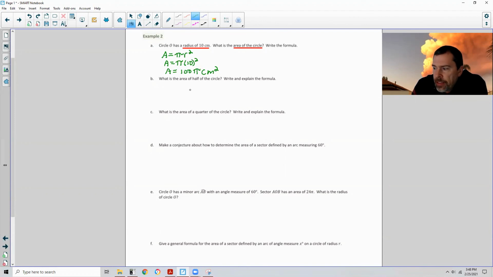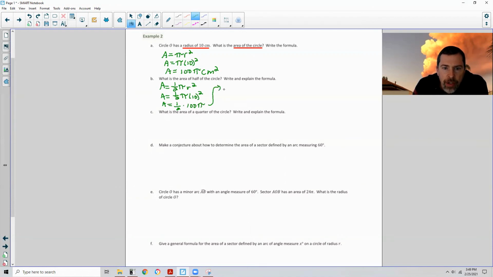So you would say the area of a half circle or a semicircle would be area equals 1/2 pi r squared, which would be 1/2 pi times that same radius of 10 squared. So area equals 1/2 times 10 squared, which is 100 pi.